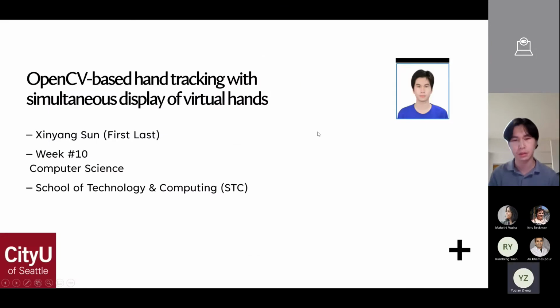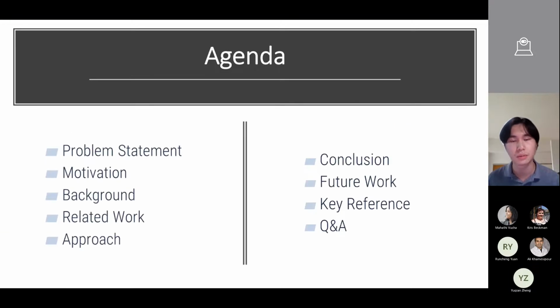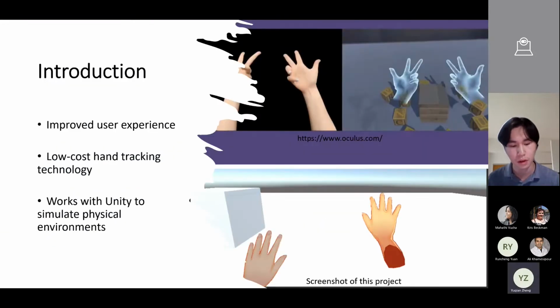So my name is Xinyang Sun, and my project is about hand tracking technology. This is my agenda. Hand tracking technology is a very critical technology for VR and AR. By sensing the motion and movement of the hand, it can effectively improve the user experience.